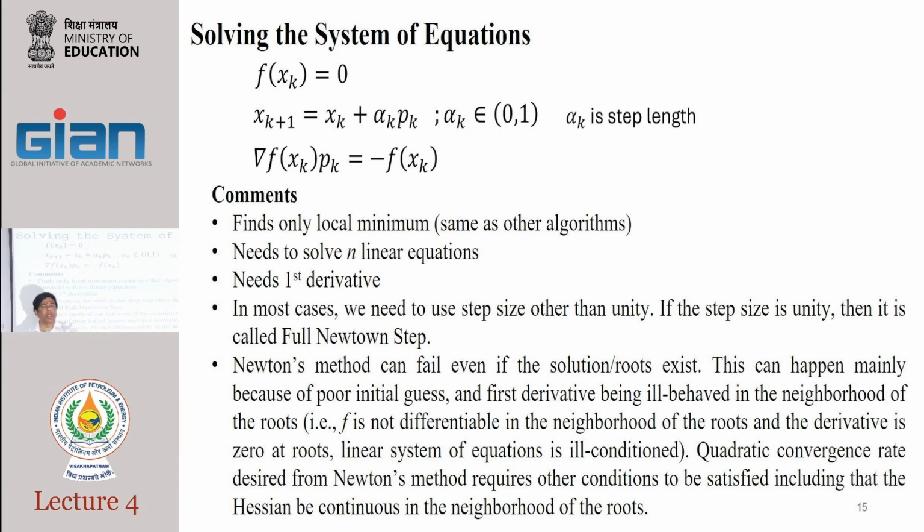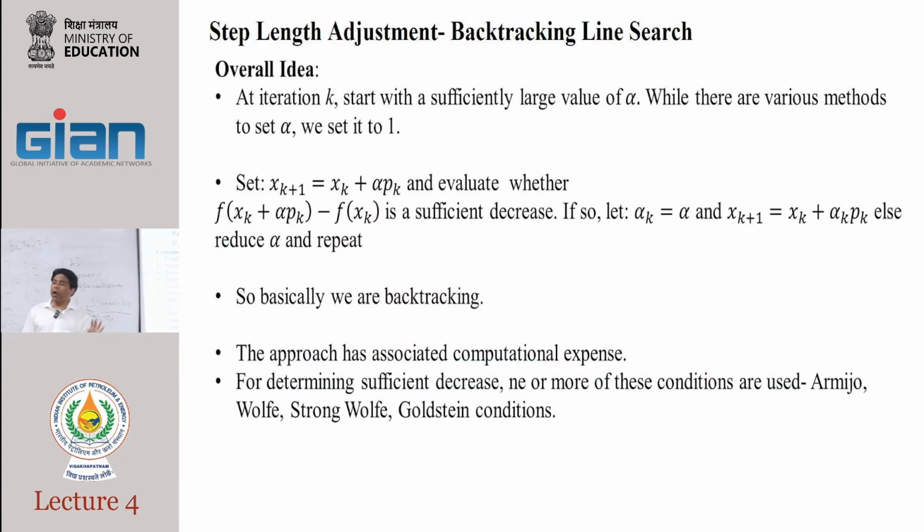So it's stuck at a minima, or it cannot find a solution. We are stuck at a point which is not the minima. That is the problem that is coming. So what it is doing is backtracking. It starts with a very large value and then keeps reducing it, reducing it. That's what it tries to do. This is an associated computational expense.